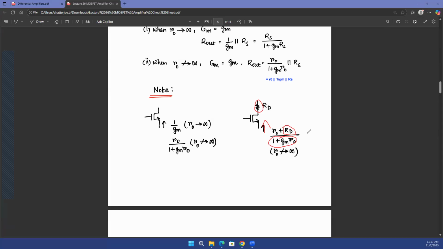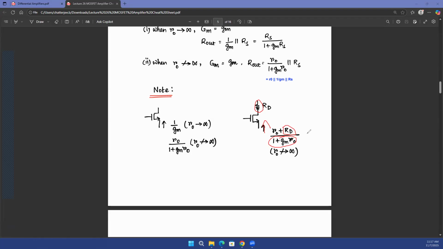But at the same time, I'll also say this, that you can consider that the resistance looking from the source is also RO between the source and the drain plus RD, because you have, let's say, RO over here and RD over here. So you see RO plus RD. But because you are looking from the source, that entire RO plus RD gets divided by 1 plus gmRO.